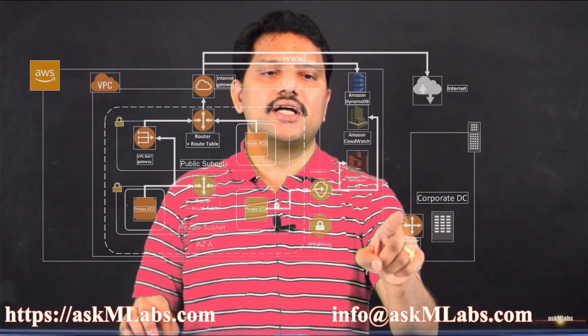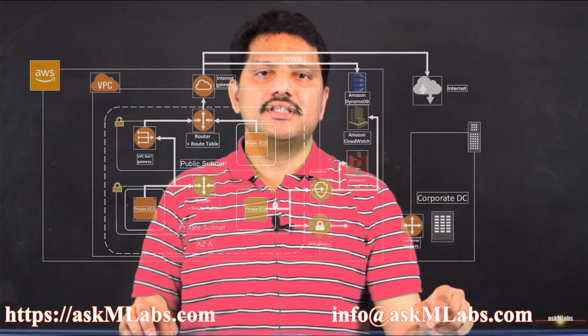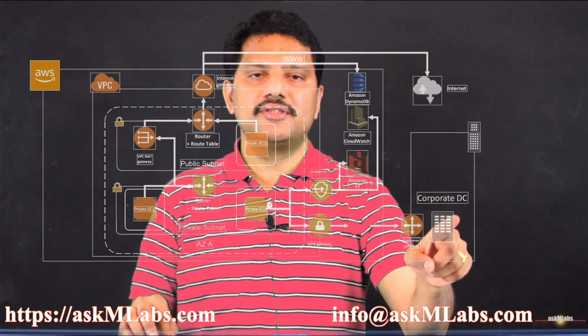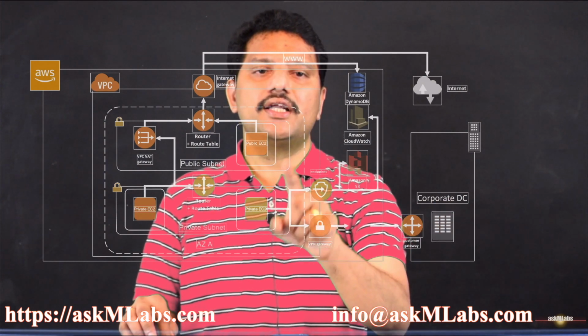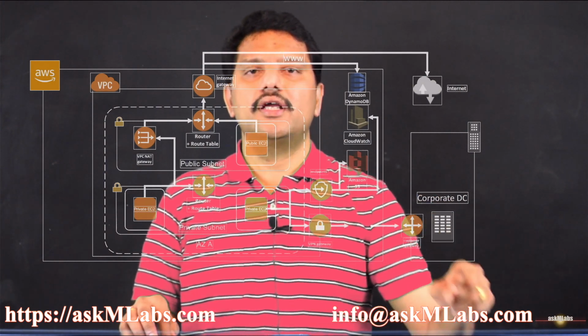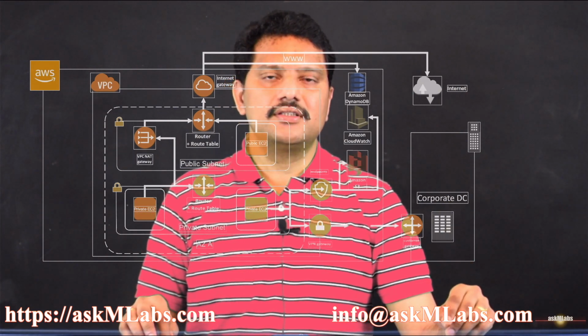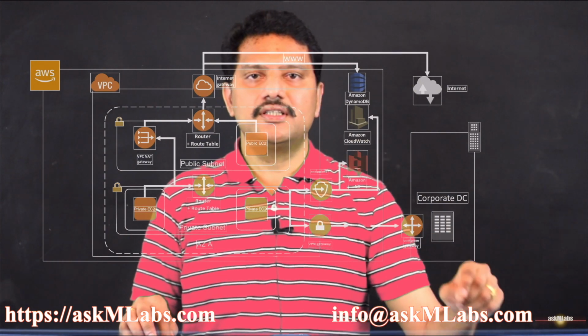These two are connected using VPC site to site. That is how an on-premise data center can talk to AWS and AWS can talk to an on-premise data center. There are other gateways that are not actually represented here.